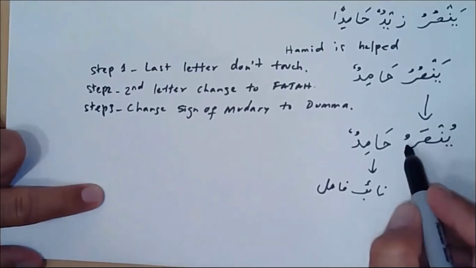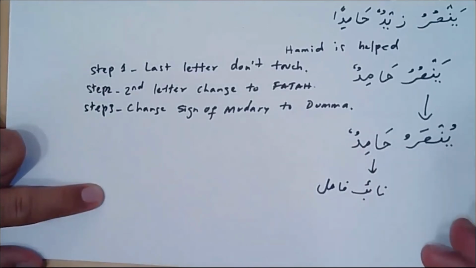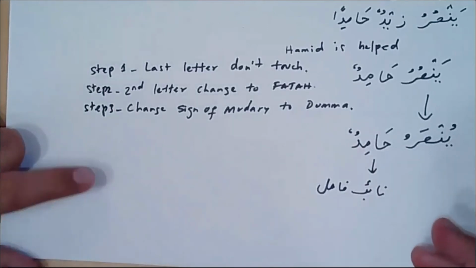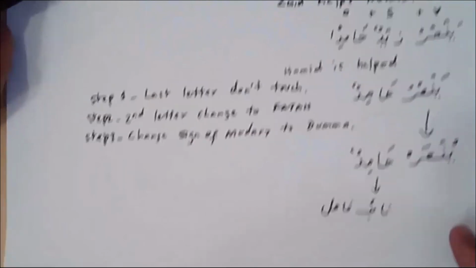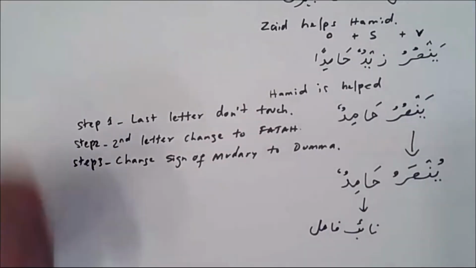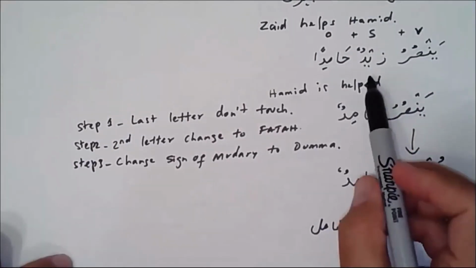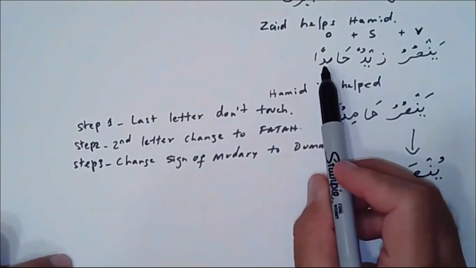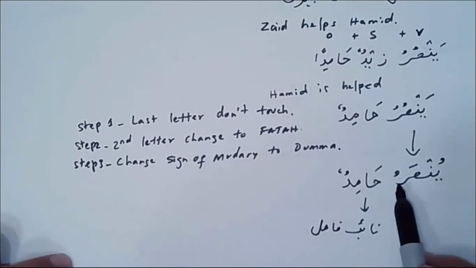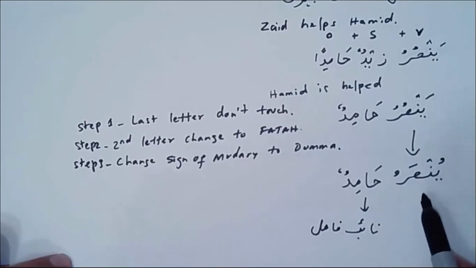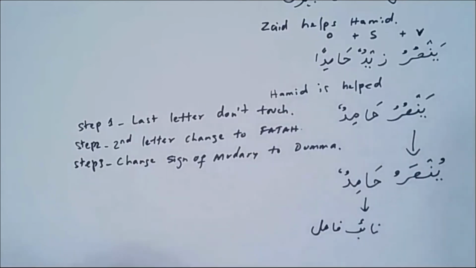Hamid is being helped. What is the naib fail here? Hamidun. Why is it naib fail? Because it was maf'ul. We converted Hamidan into Hamidun, and the Fi'l Mudari was converted from active voice to passive voice, and that is why it's known as naib fail.